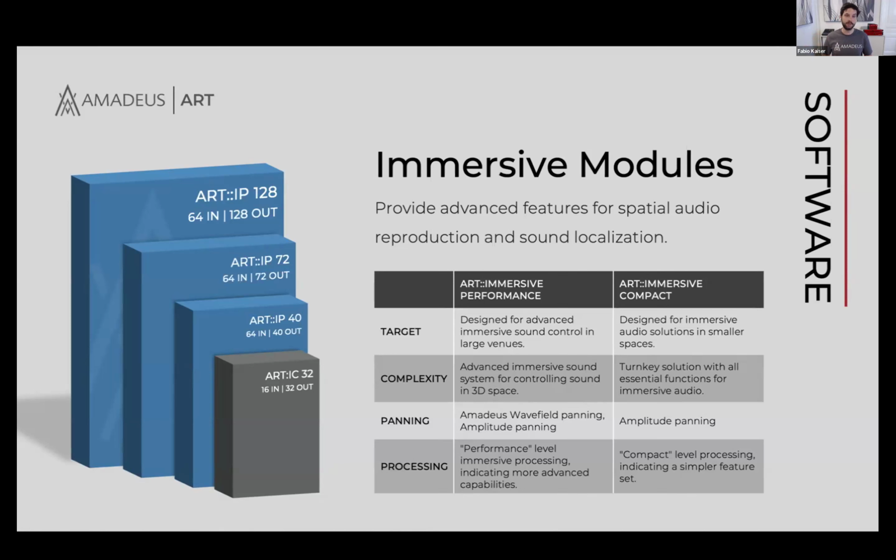And on the compact side, we provide amplitude panning only, which is for smaller spaces, simpler applications, maybe museum-like applications, often enough. But in a theater or a bigger space, we need the performance modules and the wavefield panning. Again, 3 different versions, 40, 72, and 128 outputs on the performance side and 32 outputs on the compact side.